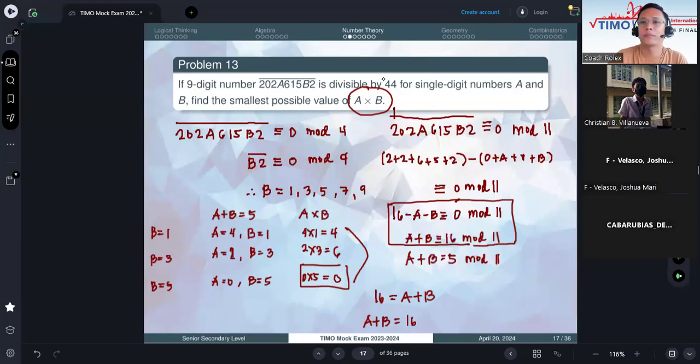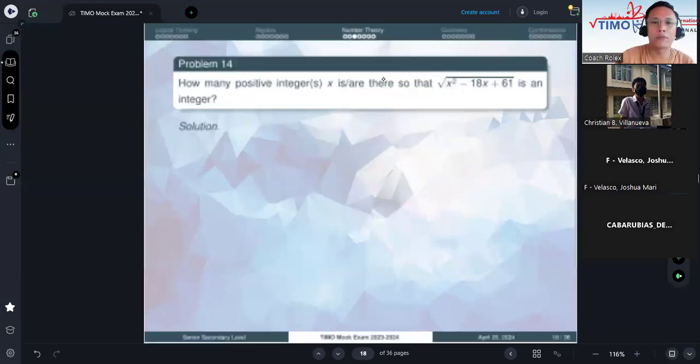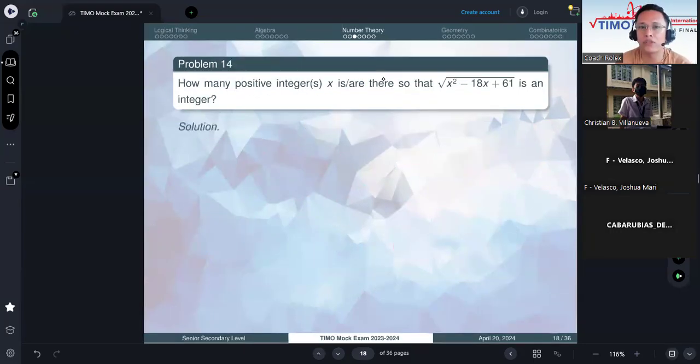Okay, very good. Now for problem number 14, how many positive integers x are there so that this one is also an integer? Now, if this is an integer, we let that be k. So we have k is equal to the square root of x squared minus 18x plus 61.